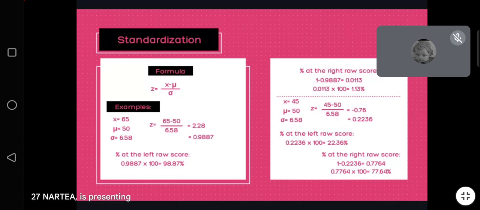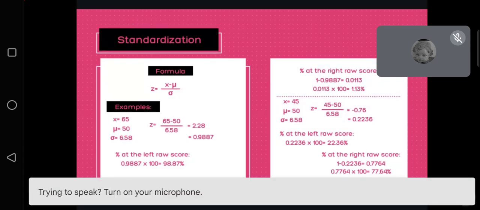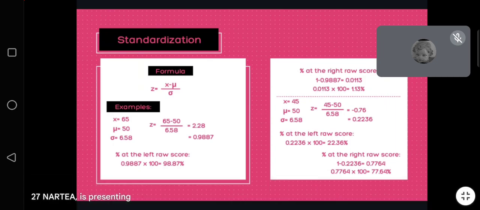Next, we look at the example for computing the z-score. We have 2 examples here. For the x or observation, we have 65. For the mean, we have 50. And for the standard deviation, we have 6.58. So z equals 65 minus 50 over 6.58, because that is the formula that we have.